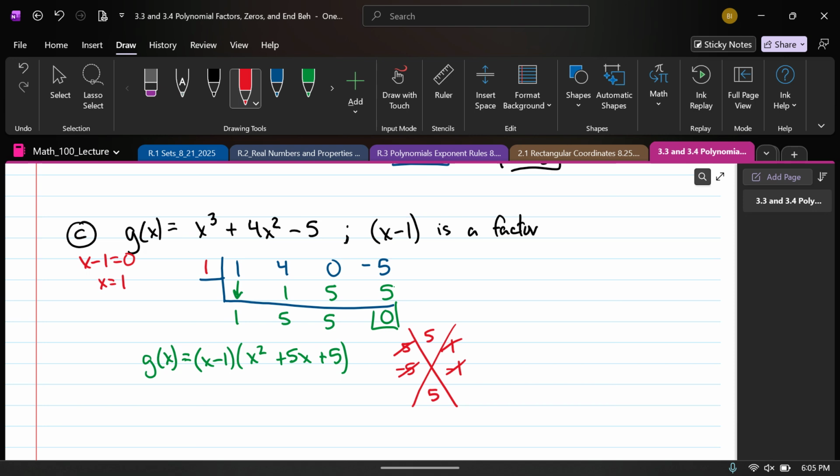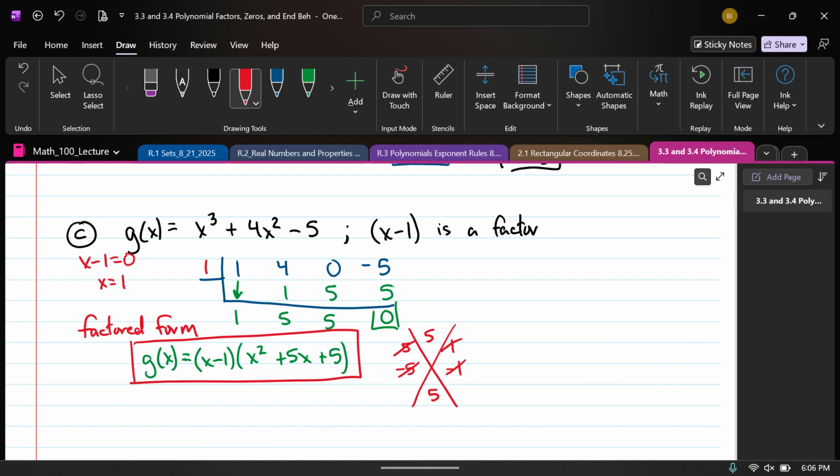So this is my factored form. That's all that'll happen to that one; the synthetic division was the only factoring that could happen. So if they ask for the factored form, that's what they're looking for.